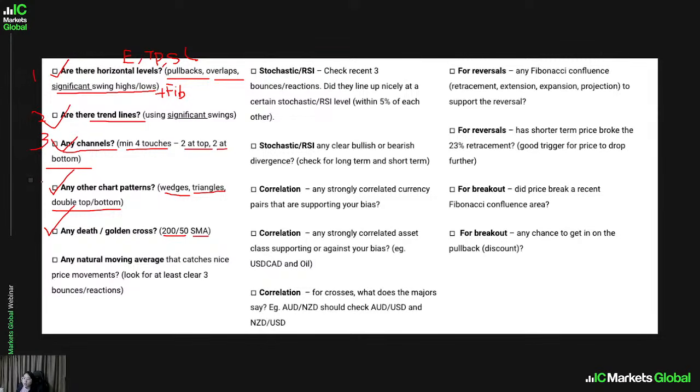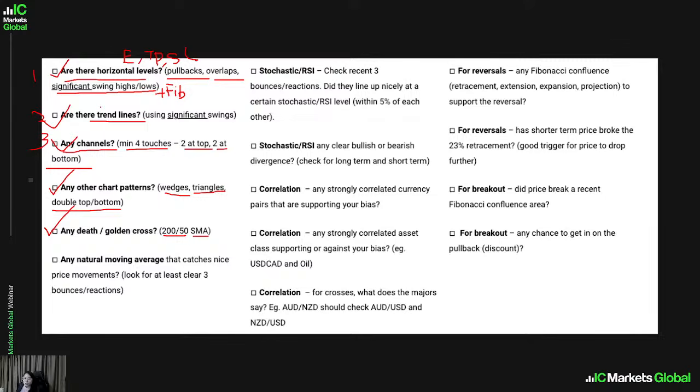If you can identify one, it's better. If you don't see any, that's okay too, because anything other than trend lines, channels and horizontal levels should just be supporting data that helps you make your decision.